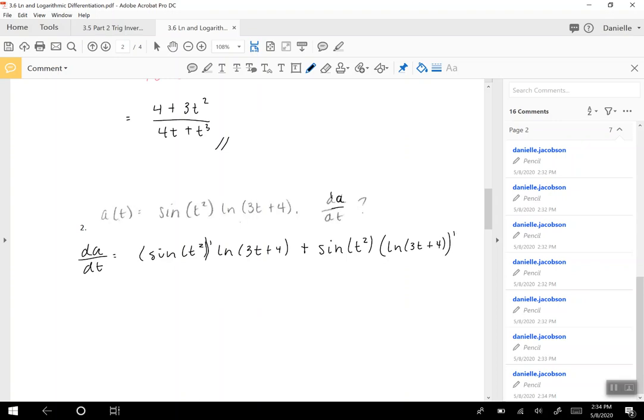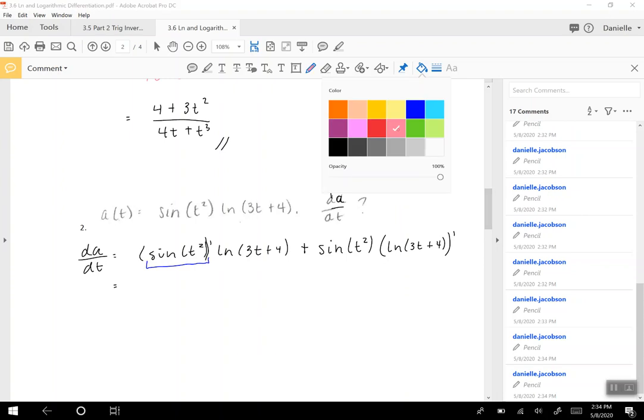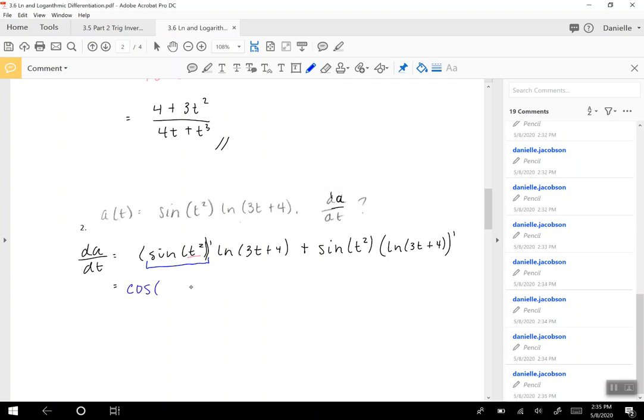Going through this, our first derivative is at least one that we've worked with before, meaning nothing new here. I'm just going to apply the chain rule. I notice that my big outside function is sine and my little inside function is t squared. The derivative of the outside is the derivative of sine, and that's cosine. I need to fill the inside back in, so I'm going to put the t squared back in there.